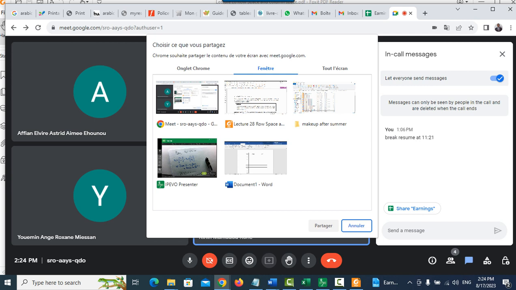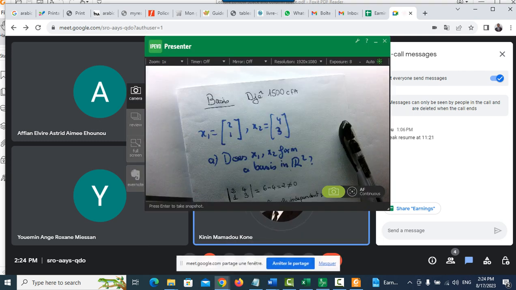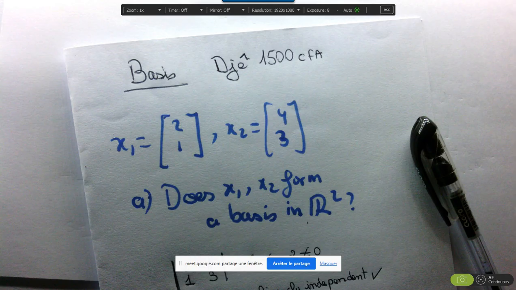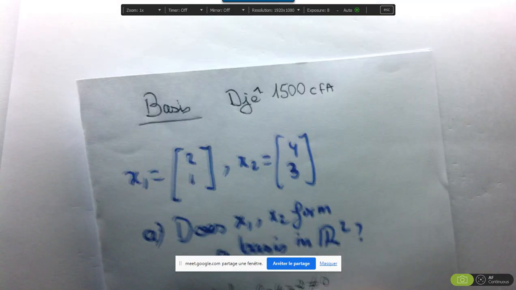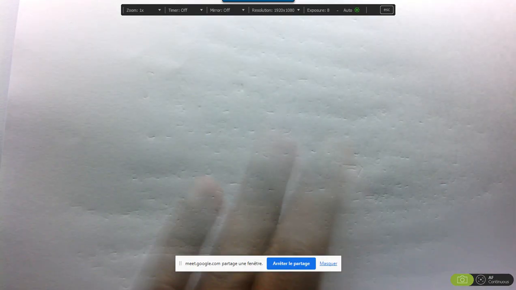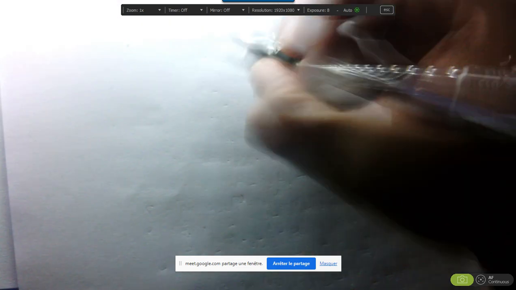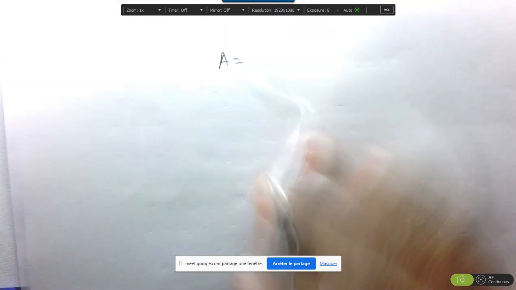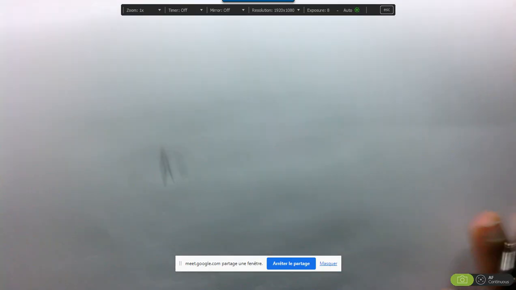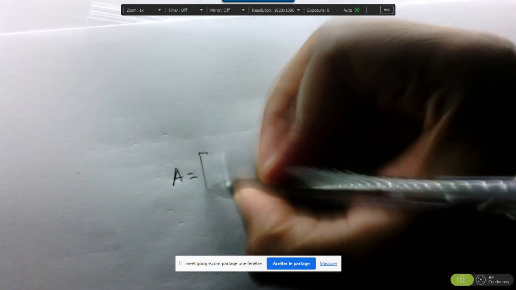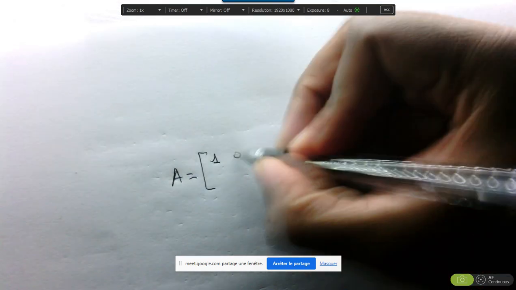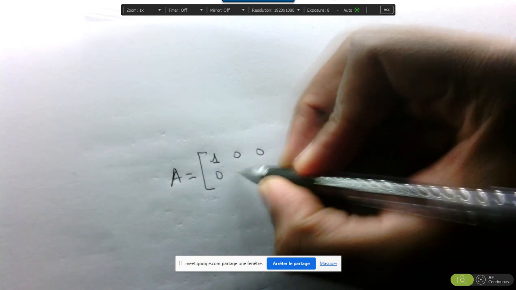So the concept of row space and column space is pretty simple. I can simplify this concept as follows. I have a matrix, for example, a matrix A like this, with entries 1 0 0, 0 1 0.